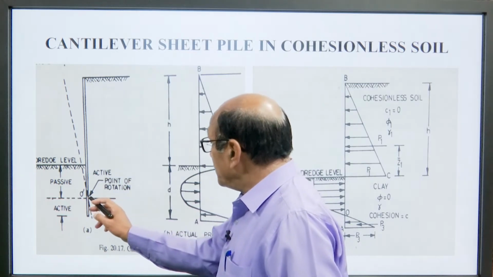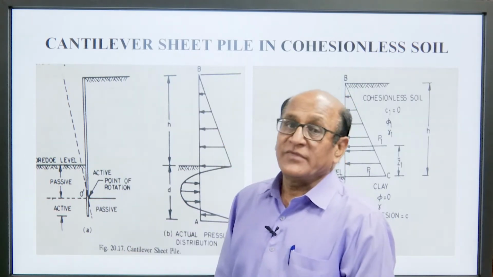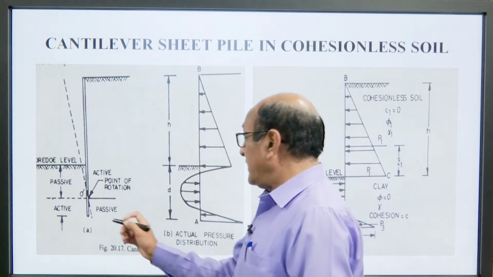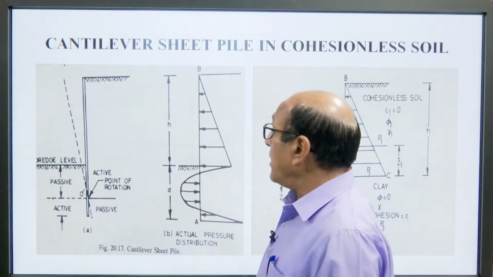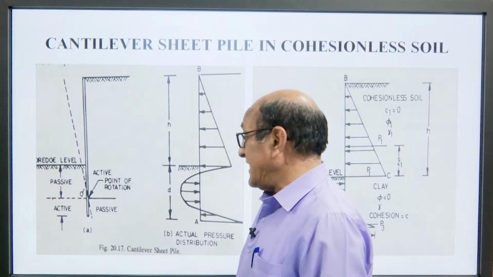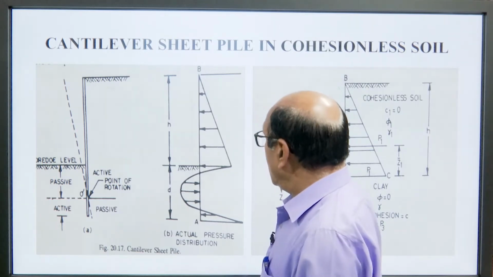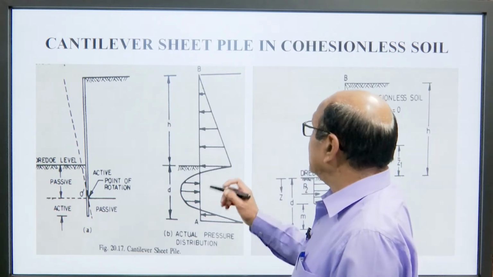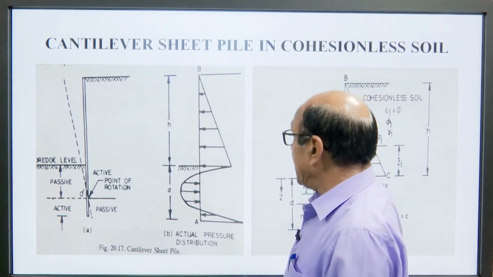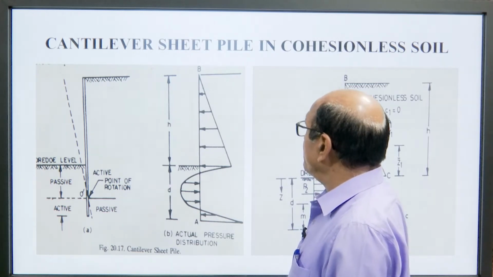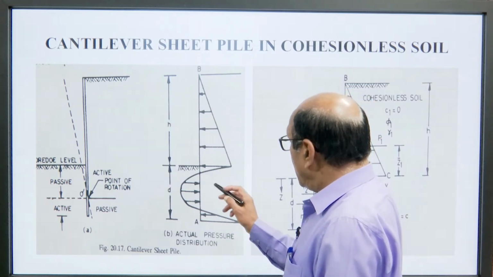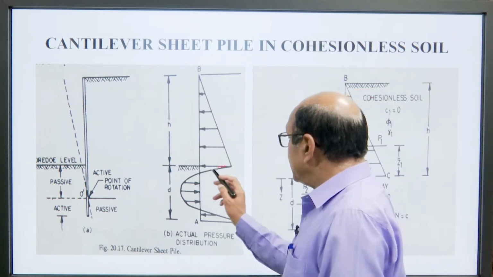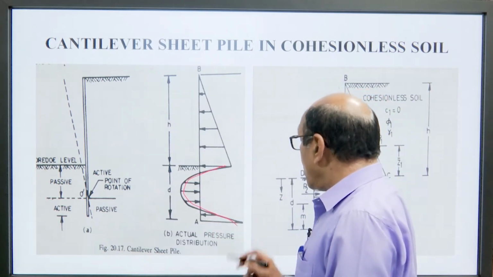This is the point of rotation. In this case, the sheet will rotate at the bottom point below the dredge line. So, here this is the actual pressure distribution, this is the height h, this is the d, and this is not a straight line, but a curve like this one.